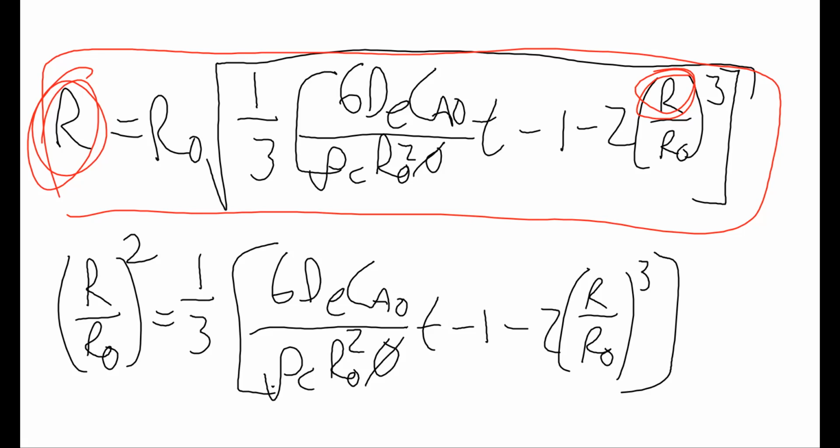In other words, the residual between the r I put here and the r I get here is less than my tolerance, which in this case is 1 times 10 to the negative 15th. This also means I need to pick a value for t. I need to pick what time I'm solving this at. So in this particular one, we'll select time is equal to 5,000 seconds.